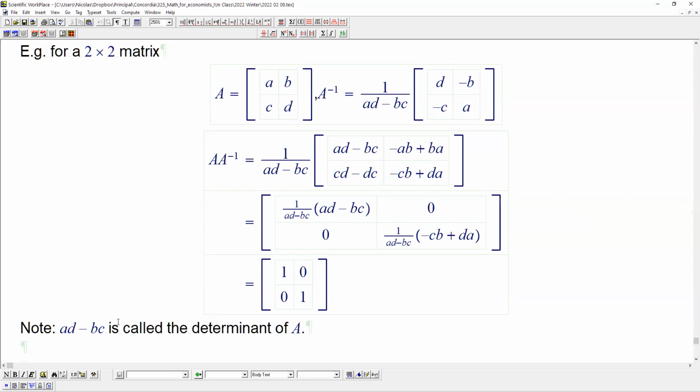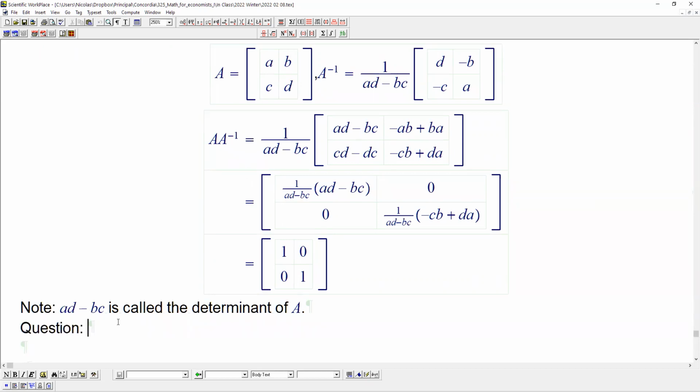Okay, so question. What if AB equals this? Can I compute the inverse of A? So this thing there is fundamental. It's what determines whether my system has a unique solution.